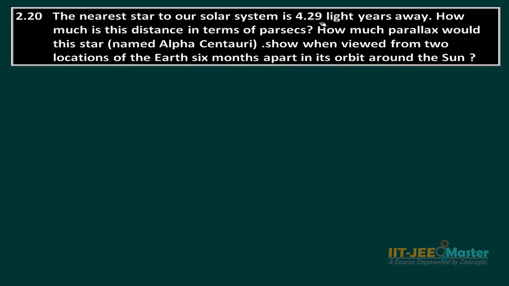Let's first convert light years into parsec. 1 light year is equal to 9.46 × 10^15 meter, while 1 parsec is equal to 3 × 10^16 meter.